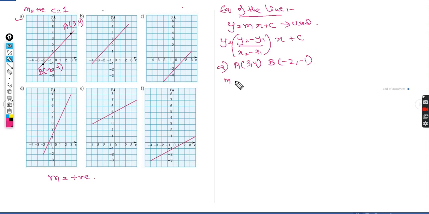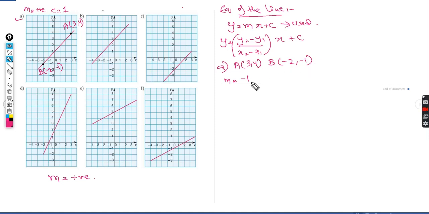First things first, we need to find the gradient, so y2 minus y1 over x2 minus x1. By this video, I am sure everyone knows how to find the gradient very well, and gradient is a very, very important part, so you should be on top of it by now. If you have any questions, you can ask me anytime, but to make it quicker, I'm not writing the formula over here.